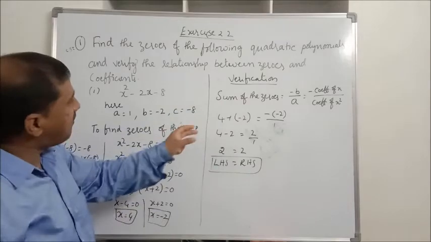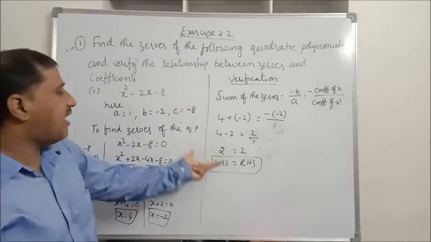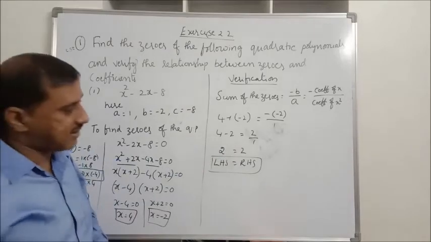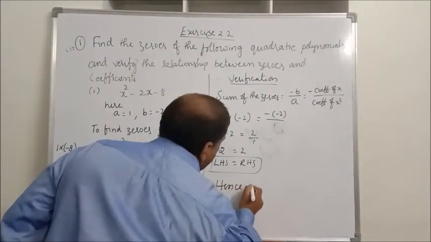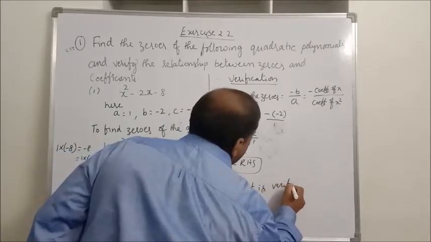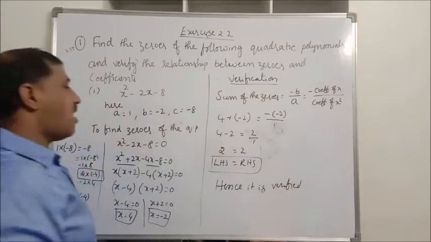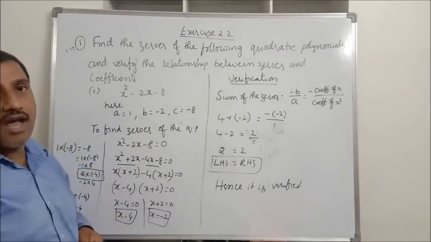When we substitute the b value and a value, we get the same on LHS and RHS. Therefore it is verified. So like this we find the zeros of the quadratic polynomial, and also verify the relationship between the zeros and the coefficients of the polynomial.